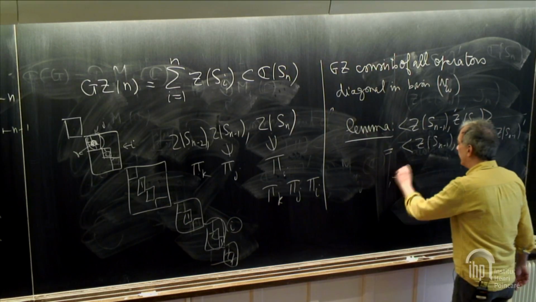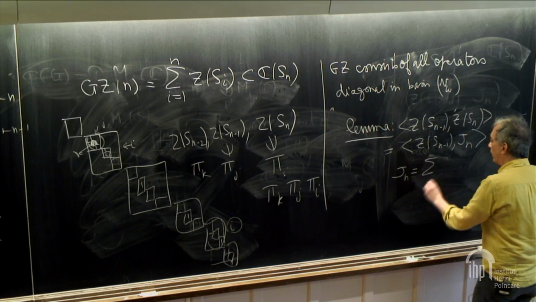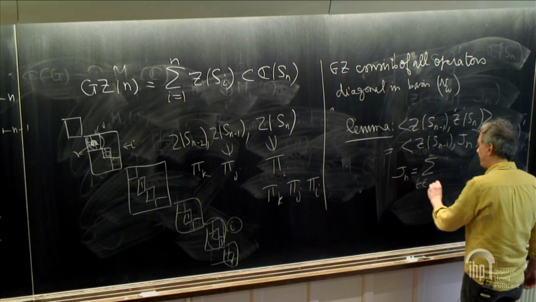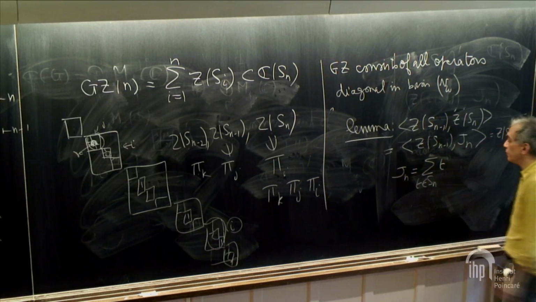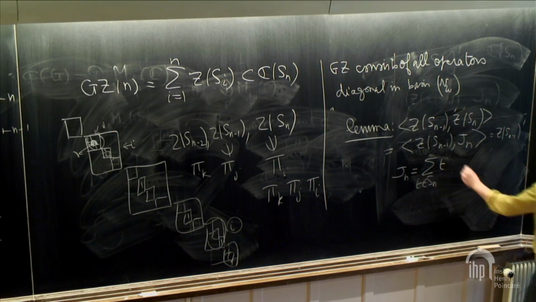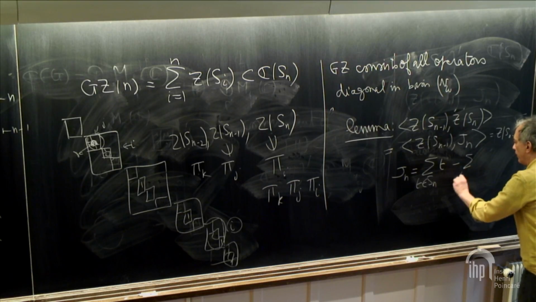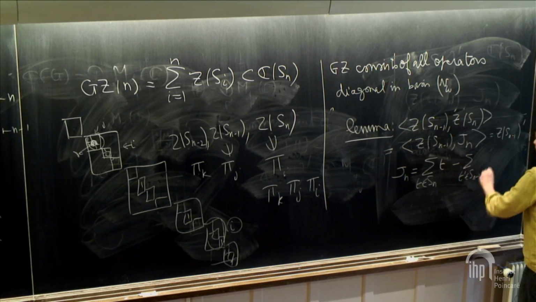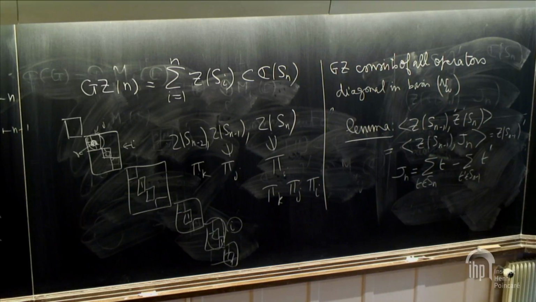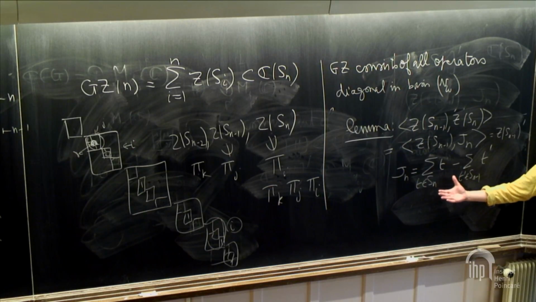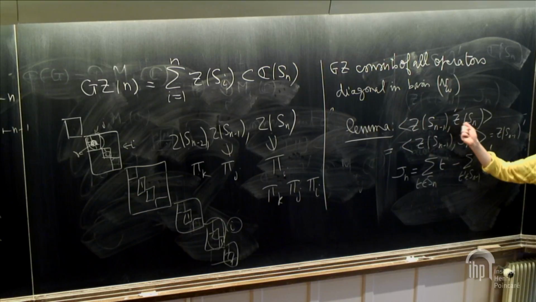But Jn is just the sum of all transpositions in Sn minus the sum of all transpositions in Sn minus 1. It's just the sum of all transpositions in Sn which don't belong to Sn minus 1. So it's a difference of two elements in these algebras, so certainly it belongs to this algebra.